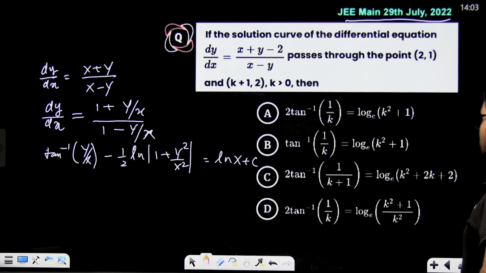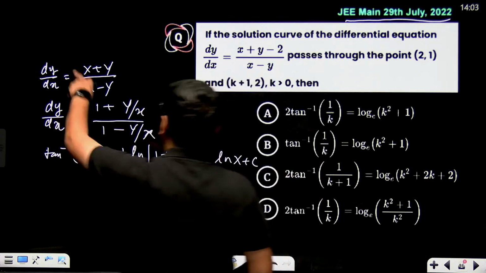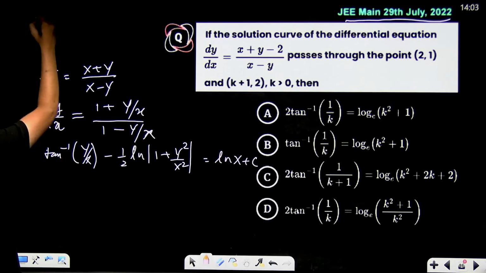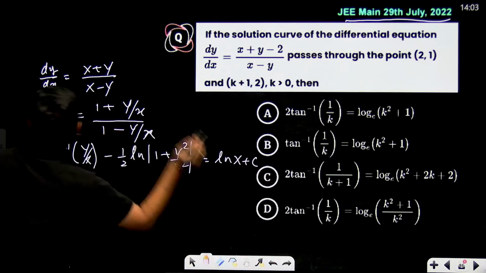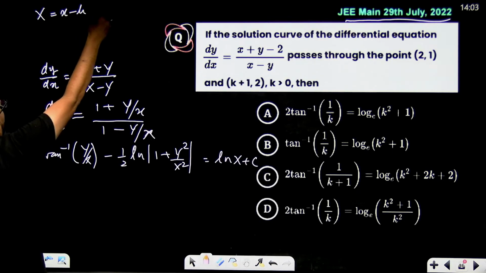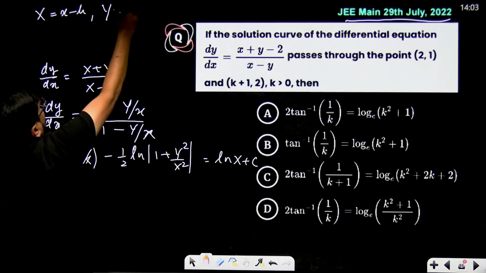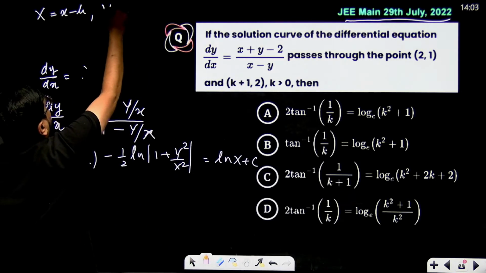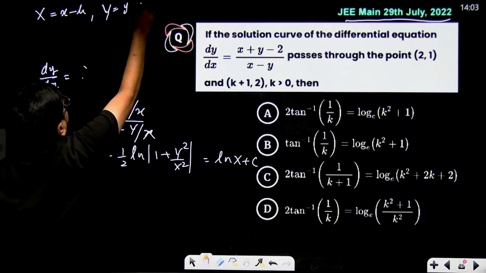Now substitute the things back again. So what did we take? We took capital X as small x minus h, and capital Y as small y minus k.